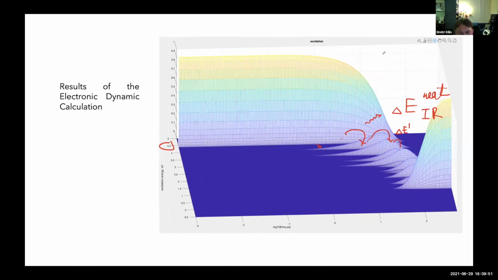Can you go back? This. So at each time step, there will be different pairs of excitations involved in this cascade. And there will be different transition energies and different intensities of infrared emission.